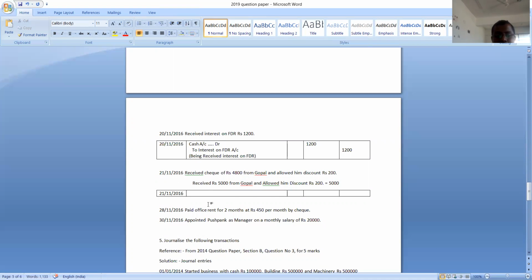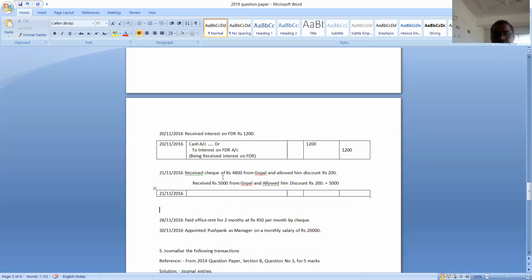Before that, we'll analyze the transaction. What is the transaction? Received check of rupees 4,800 from Gopal. Check represents whom? Check represents bank. So one is a bank account. Received check of rupees 4,800 from Gopal and allowed him discount.